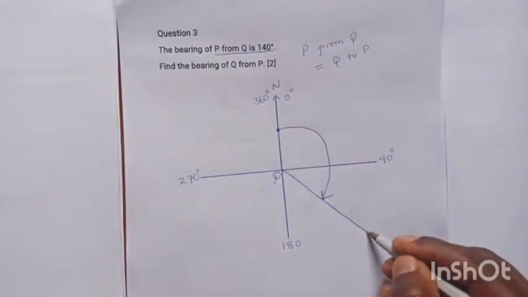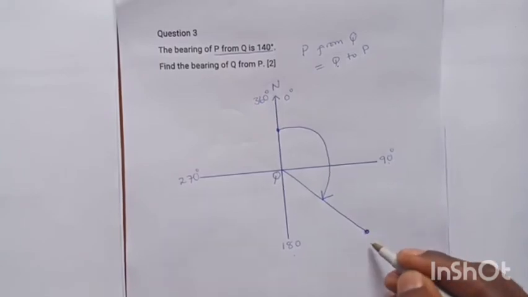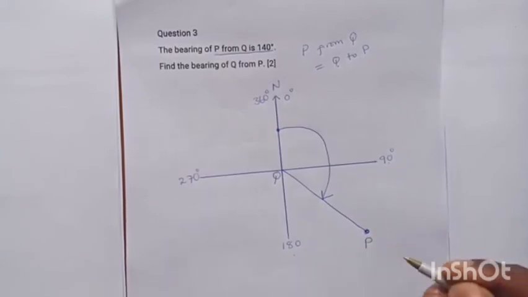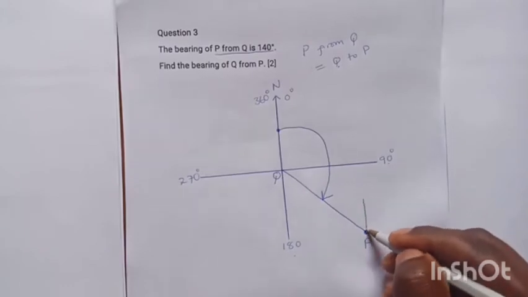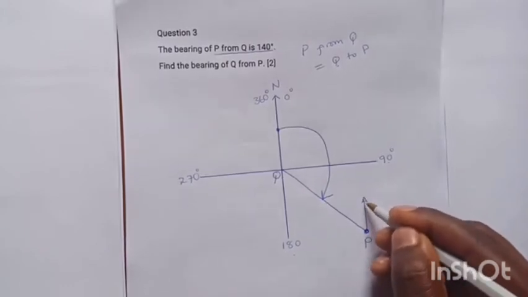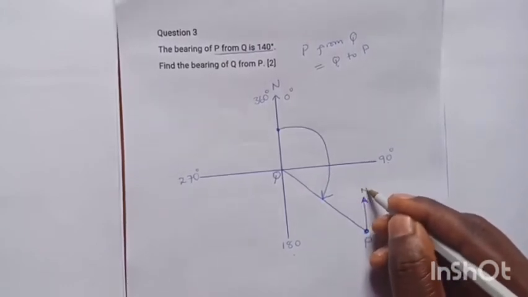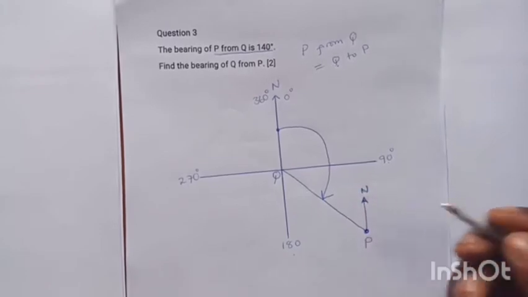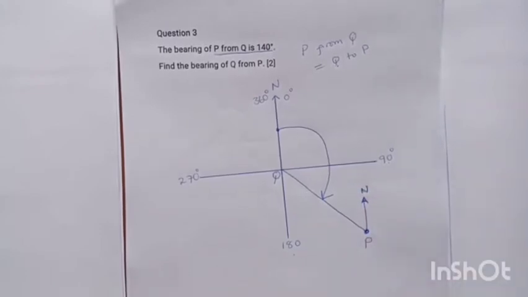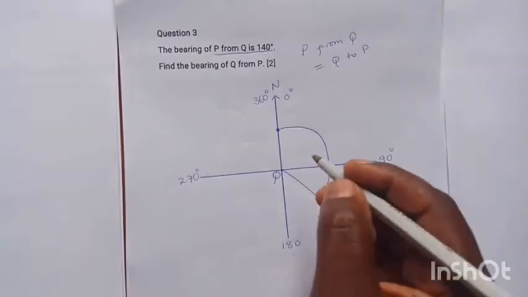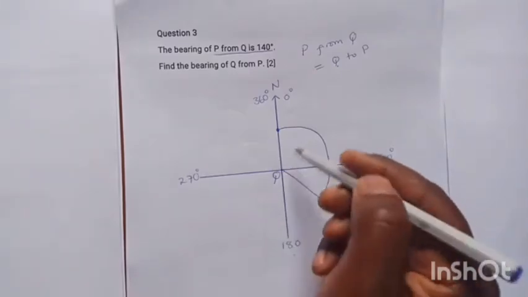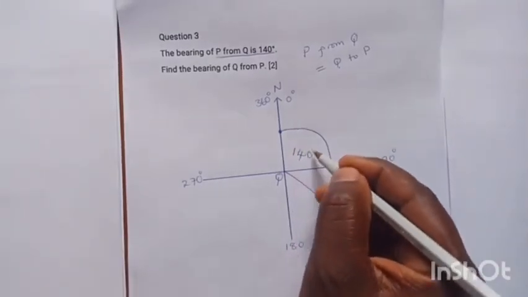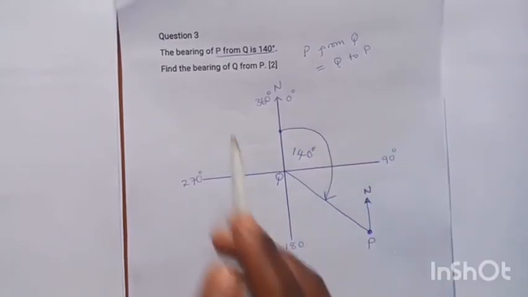At the end point of this line, I'm going to place a point P, as well as placing the north pole of P as well. Do not forget to label that this arrow is representing 140 degrees, which is the bearing of P from Q.